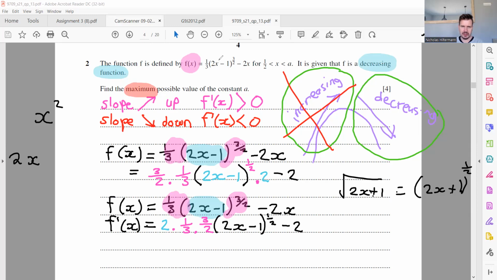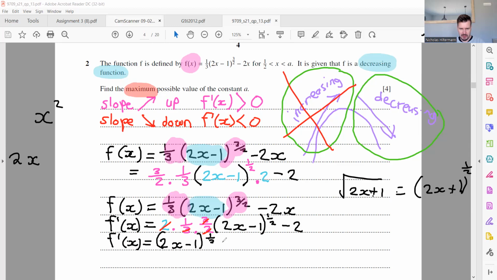And so we see when we times this out, 2 times 3 over 2, the 2's cancel, the 3's cancel, and I'm left with 2x minus 1 to the half minus 2. Well, I'm not quite done. That is the derivative.